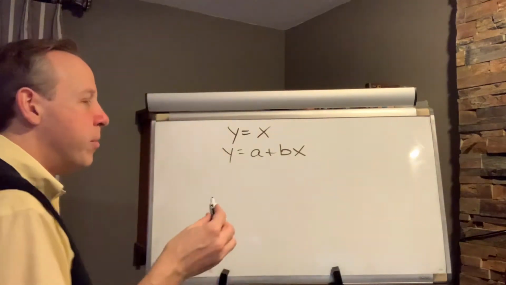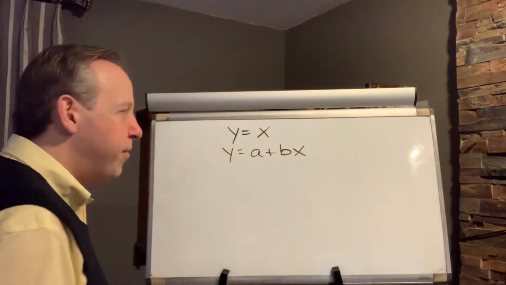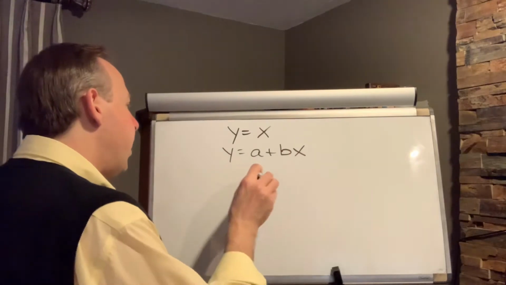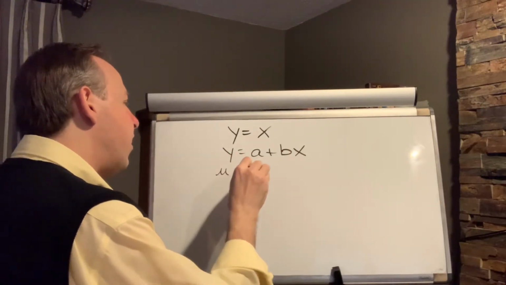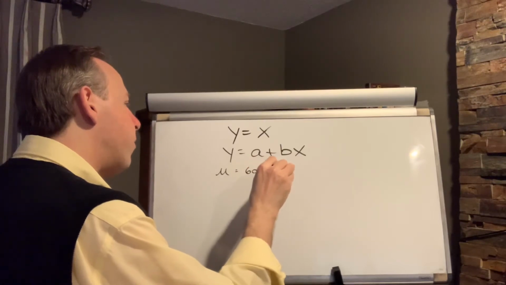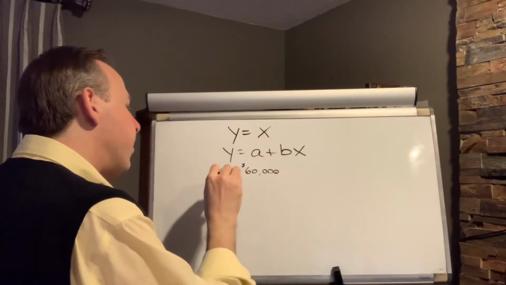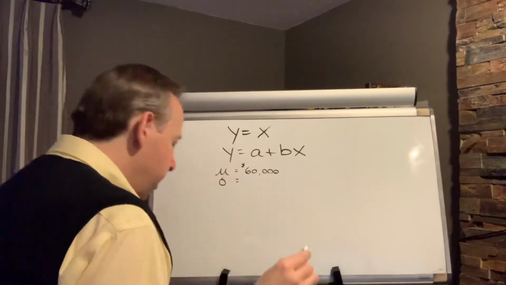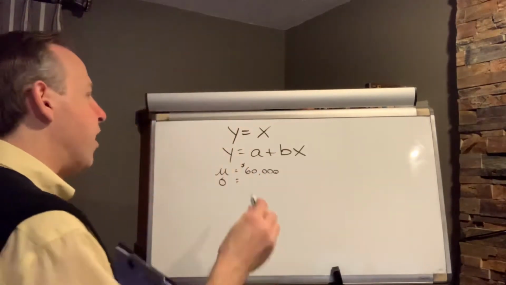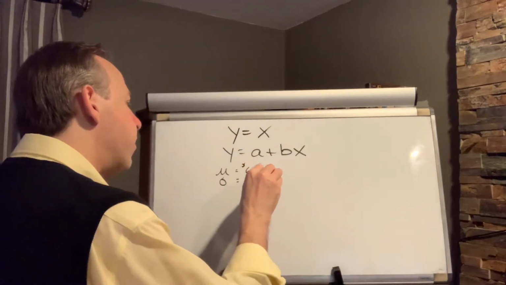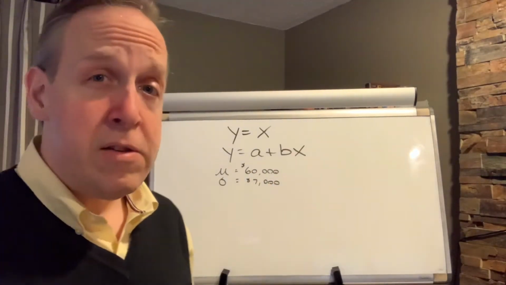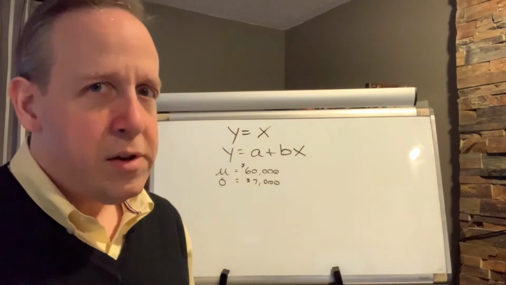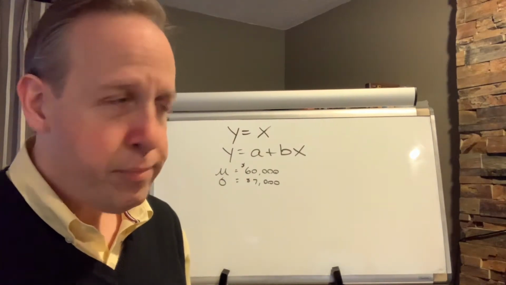For instance, if I have a company and the average salary is, let's say, $60,000, and the standard deviation of this company's salaries is $7,000. That tells me something about the center and the spread of this company's salary distribution.